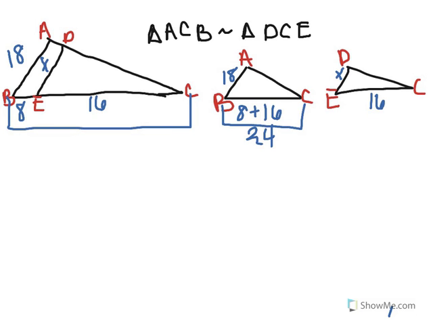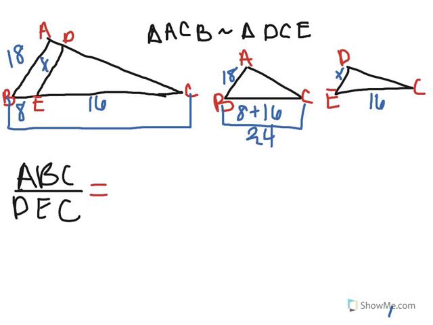So we will set up a proportion to solve for that missing piece. Again, we'll use ABC on top and DEC on bottom. You could do it either way, whichever way you decide to do it. Make sure you stick with it though for that problem.